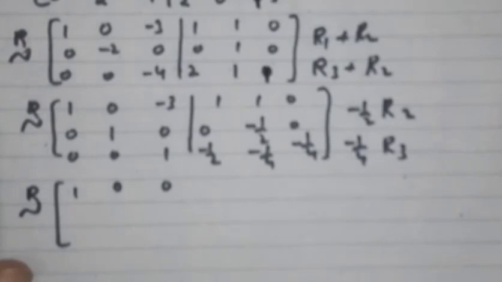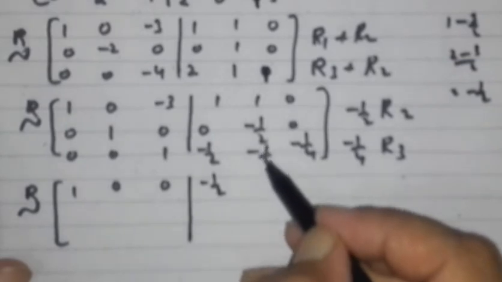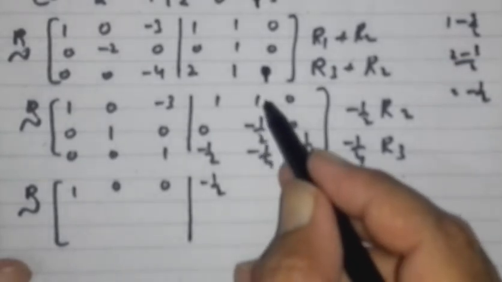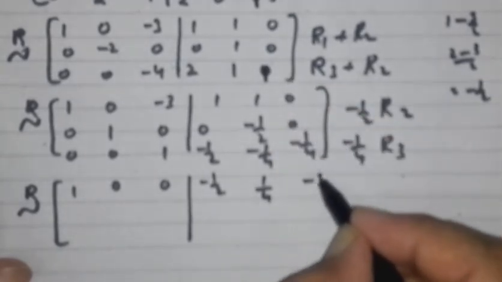Look here, 2 ones are 2, 2 minus 3 by 2, we get minus 1 by 2. So here write minus 1 by 2. Now 1 minus 3 by 4, we get 1 by 4. And 0 minus 3 by 4, we get minus 3 by 4.